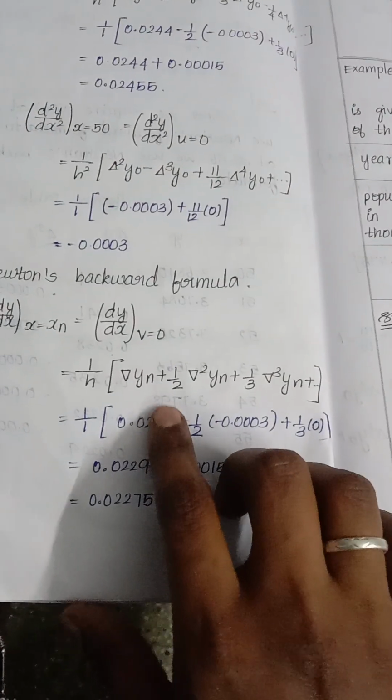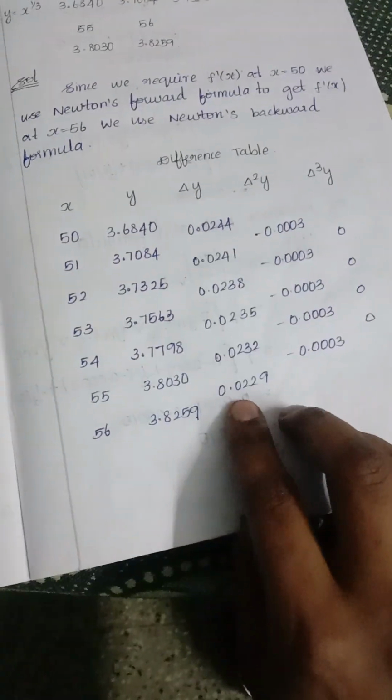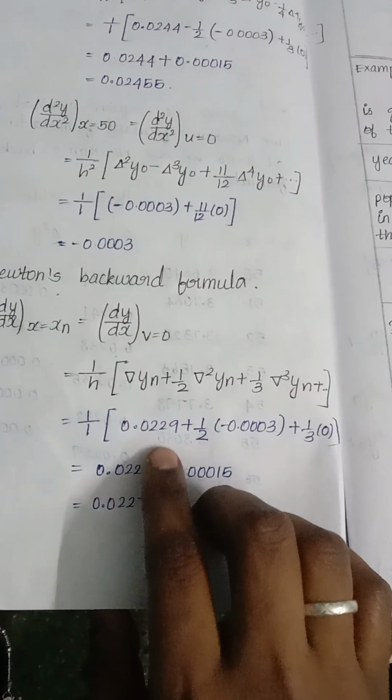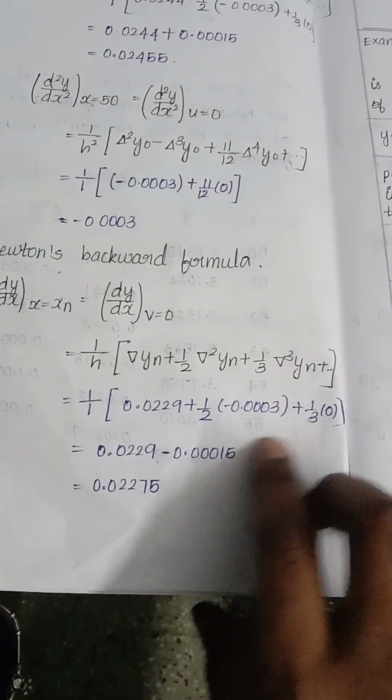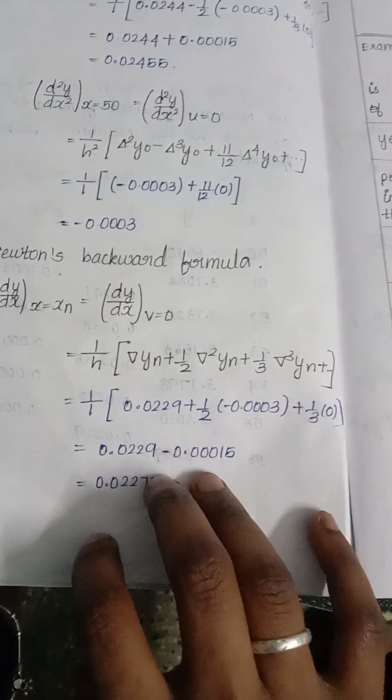Del yn is 0.0229, so 0.0229 plus 1 by 2 times del square yn, which is minus 0.003. If we add and subtract, we get this answer.